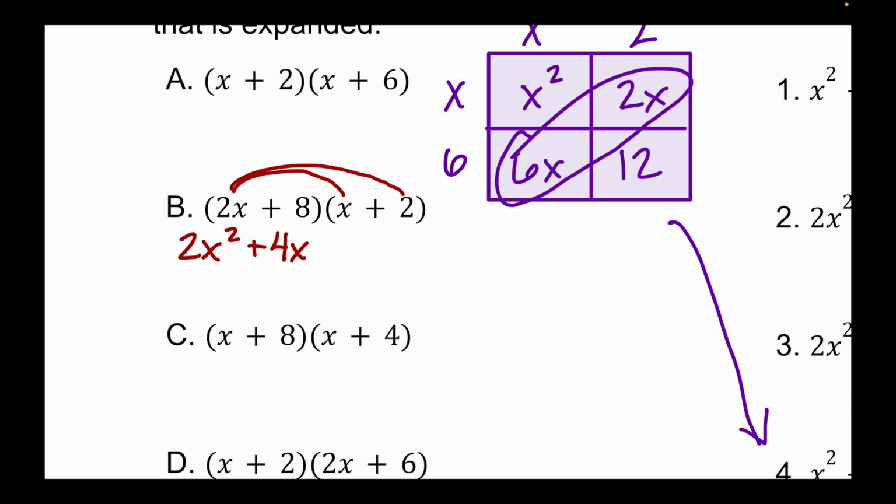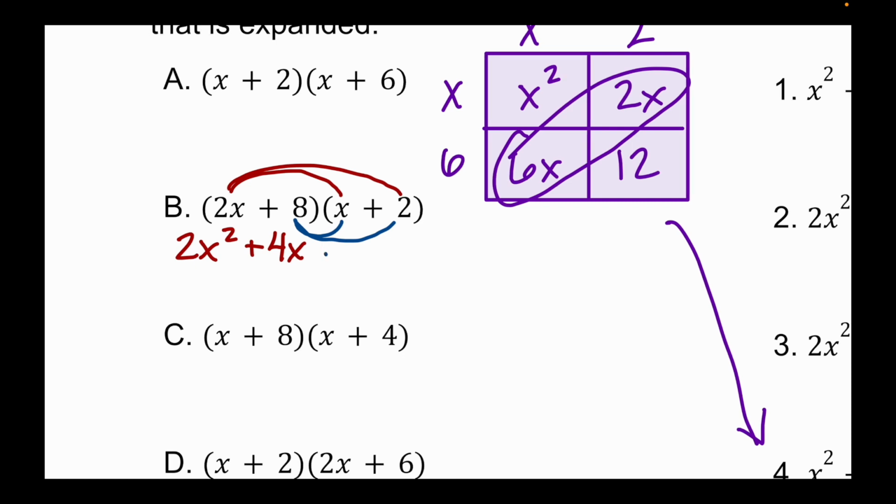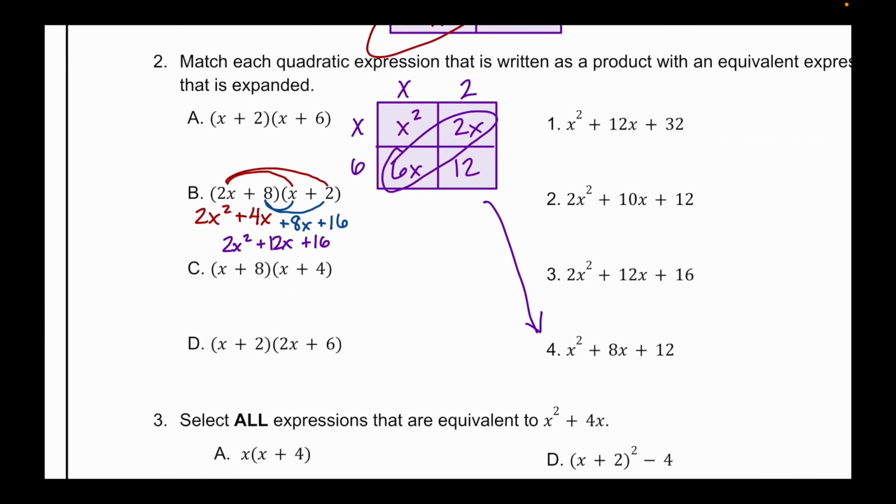The next step is to take 8 and also distribute it through, but I'm going to draw my lines here on the bottom, maybe a little easier to see. So then we'll have 8x and 16. We'll combine the 4x and the 8x here, so we'll get 2x squared plus 12x plus 16, which means that B here matches up with number 3.